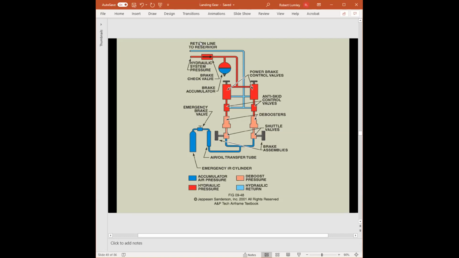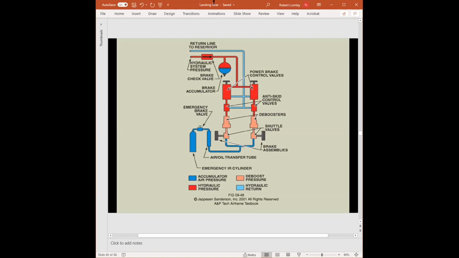All they're doing is controlling a brake valve, which controls the hydraulic fluid that is being directed to the brake assemblies. So all you're doing is moving a valve to increase or decrease the system pressure going to the brake caliper.